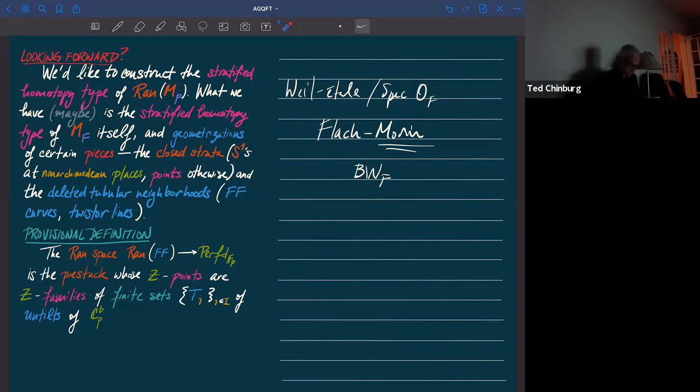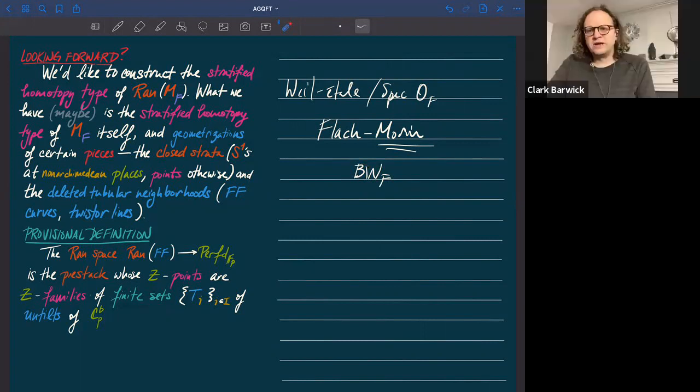In fact, I only know one definition of the Weil group of a global field, which is that you take the fundamental class in H^2 and you write down the corresponding extension and you point at it and say that's it. This extension of the absolute Galois group by the idele class group.